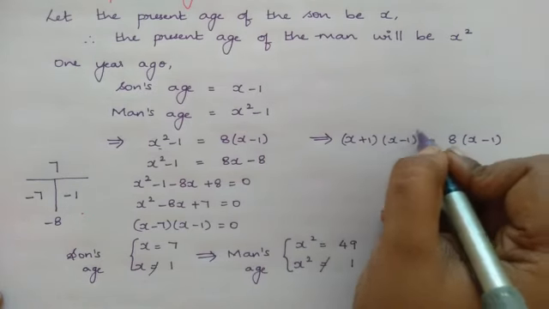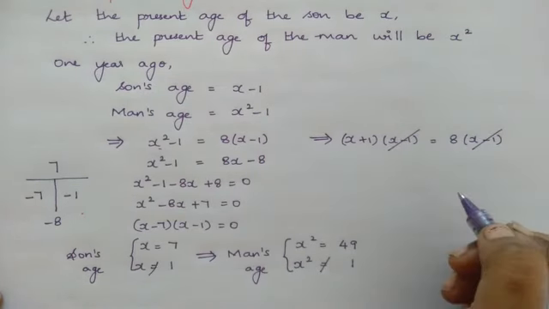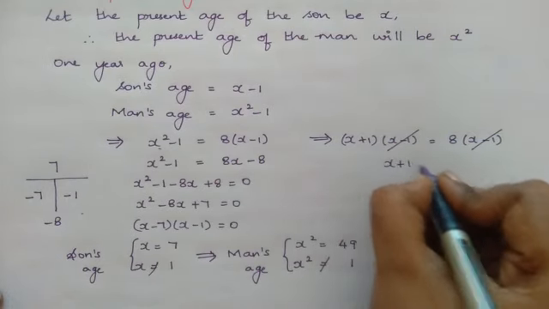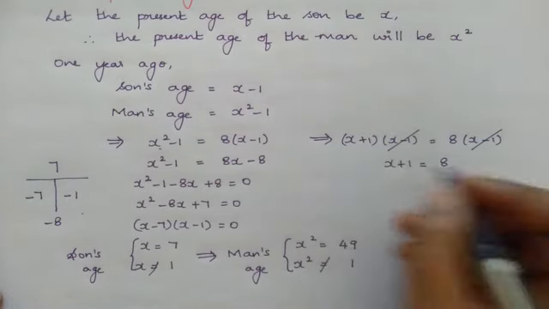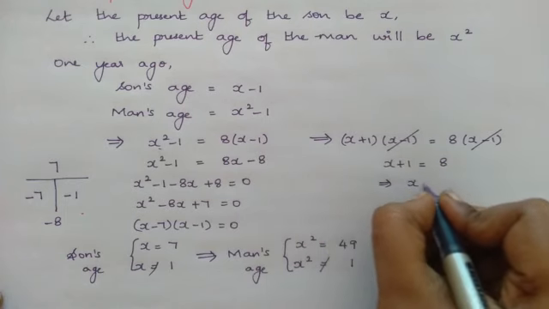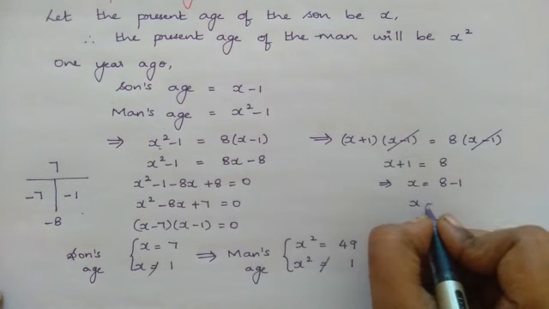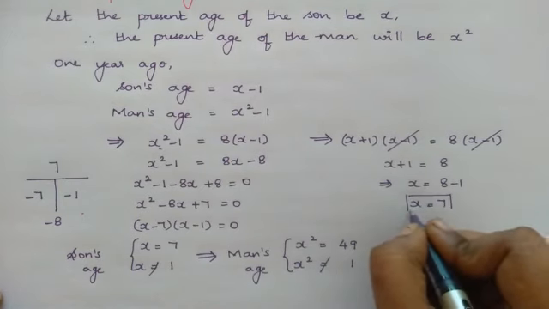Now, x minus 1 being multiplied on both sides gets cancelled. So x plus 1 is equal to 8 is the possibility, from which x is equal to 8 minus 1, as plus 1 goes to that side as minus 1. So x is equal to 7 is the only possibility.